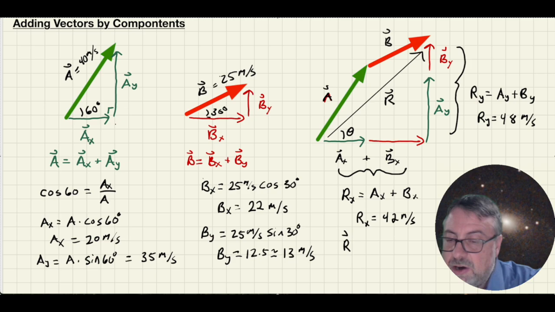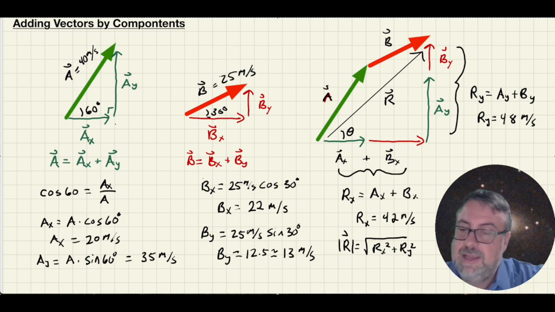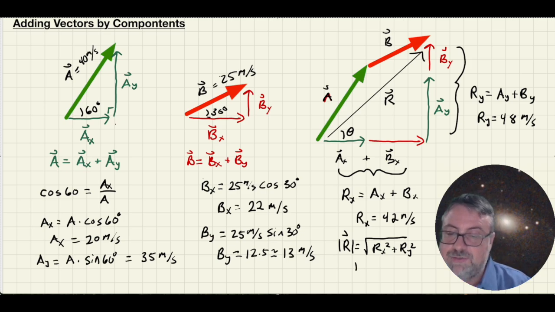So the magnitude of R will be equal to the square root of the x portion of R squared plus the y portion of R squared. In this case, the magnitude of R would be 42 squared plus 48 squared, square root the answer, and I get about 63.8, or about 64 meters per second.